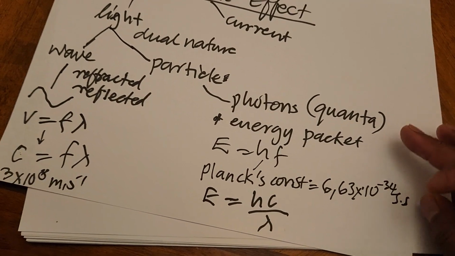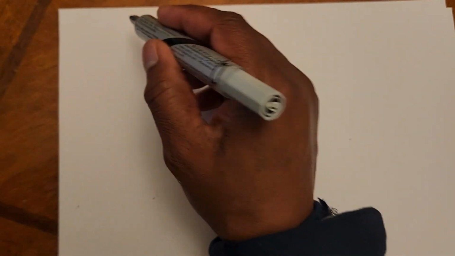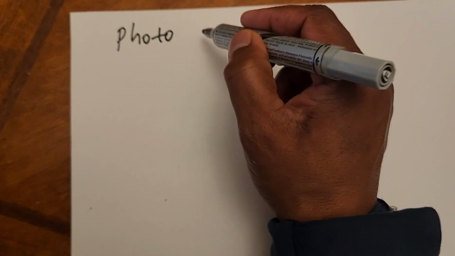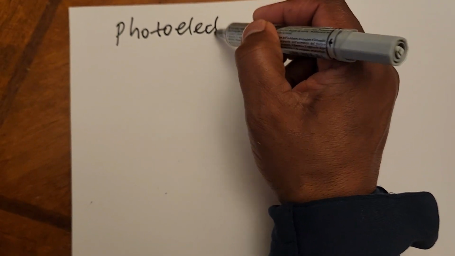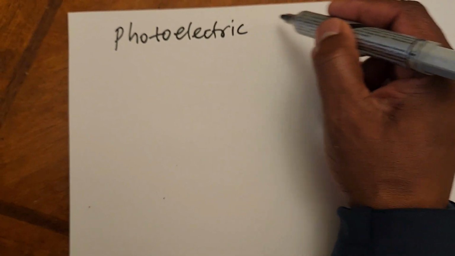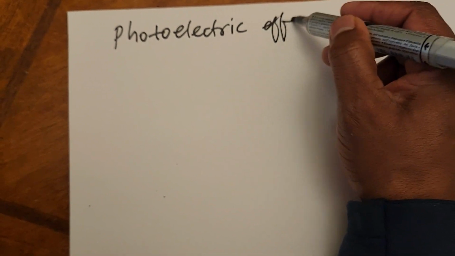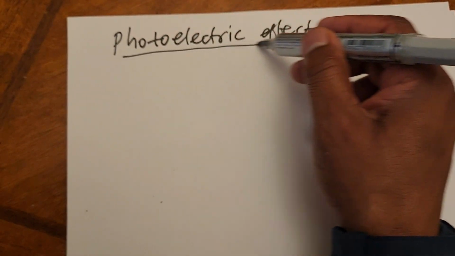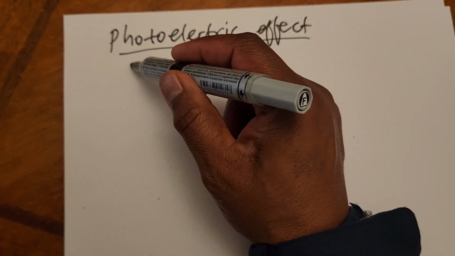In grade 12, as we move past grade 10, we learn more about how light energy is producing electric current in this phenomenon of the photoelectric effect. We call it a phenomenon or a process.